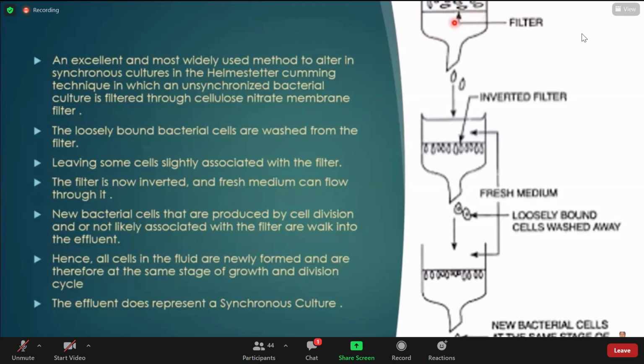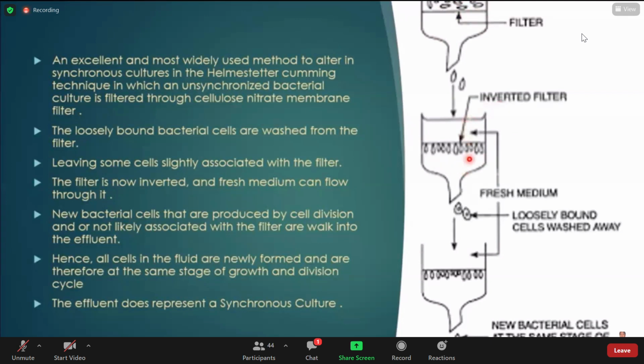Now what happens? Some were washed off, some were left behind and some were trapped in the membrane. Now you have to take that membrane, invert it, and pass a new fresh medium through this filter.